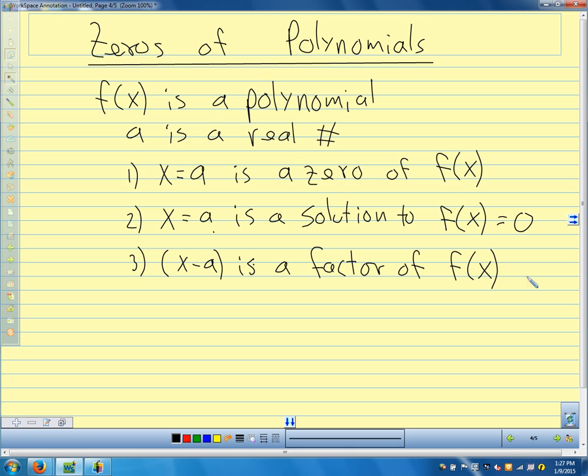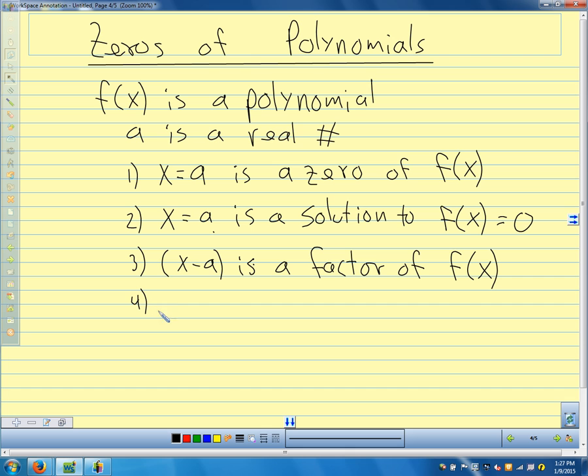We do that on some of these examples. That means x minus a is going to be one of the parentheses that we get when we factor that polynomial into multiple parentheses that we're multiplying. If x equals a is a 0, or a solution, that means x minus a is a factor of that polynomial. That's something we can factor out of that polynomial.